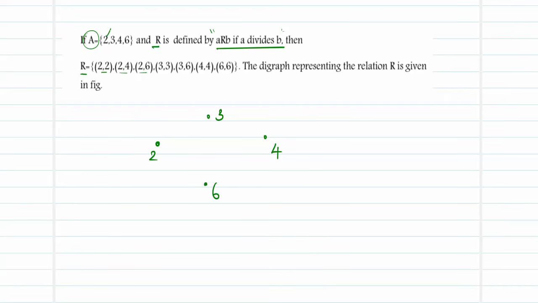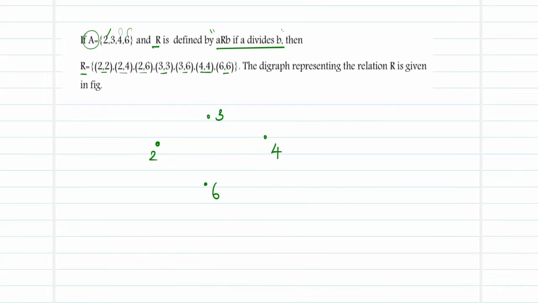Next, 3 divides itself, so 3 divides 3, 3 doesn't divide 2, 3 doesn't divide 4, but 3 divides 6. So (3,3) and (3,6) enter the set. Next, 4 doesn't divide 2, 4 doesn't divide 3, but 4 divides 4, so (4,4) comes in. And 4 doesn't divide 6. 6 doesn't divide 2, 3 and 4, but 6 divides 6 itself, so (6,6) enters.